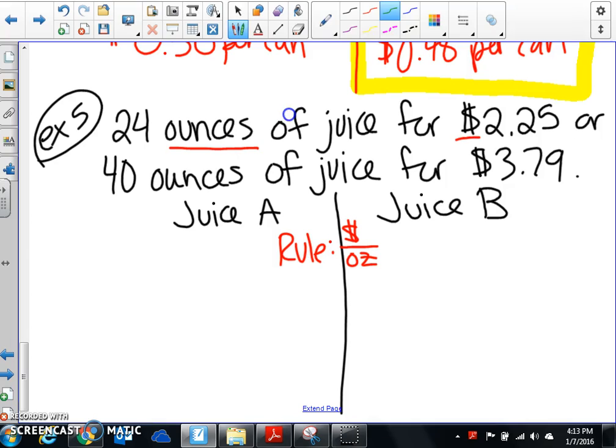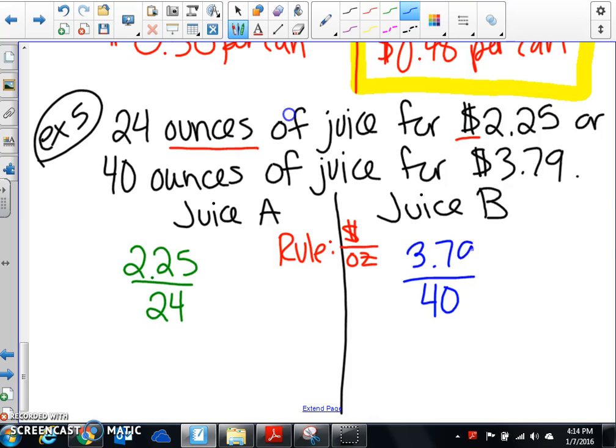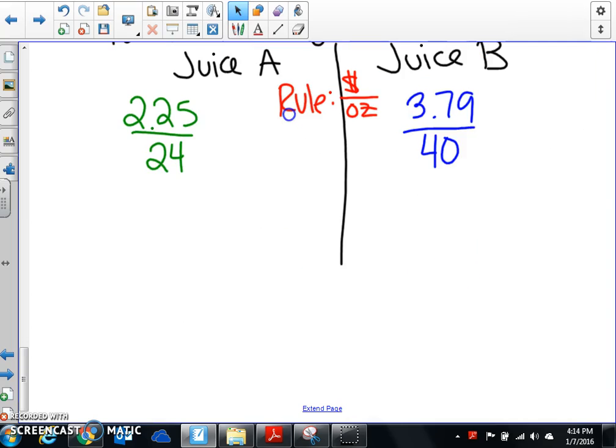All right, so for the first one, juice A, 24 ounces. Ounces is on the bottom for $2.25. Money's on the top. Over here for juice B, 40 ounces. Ounces is on the bottom for $3.79. Money's on the top. All right, then we use our calculator.